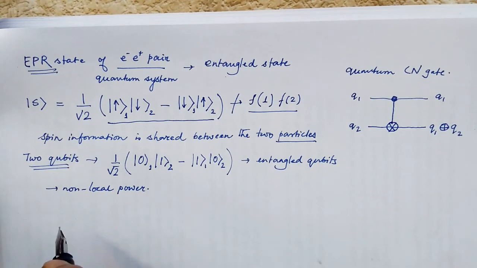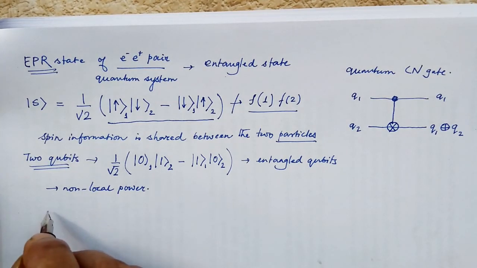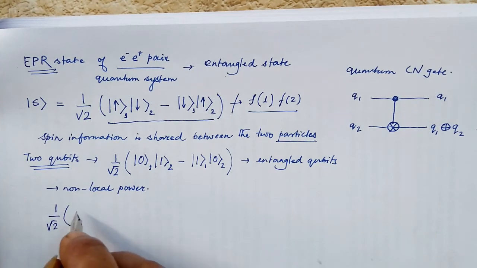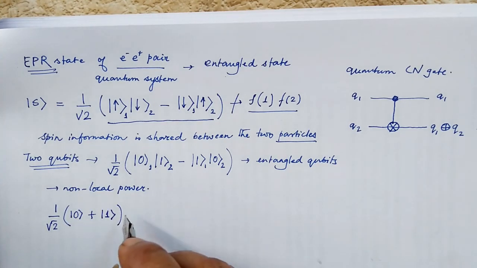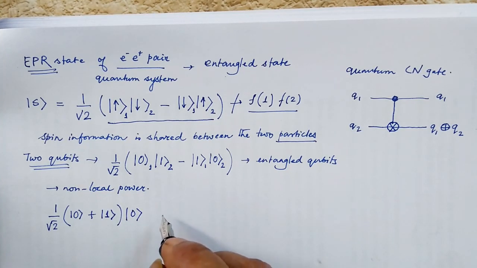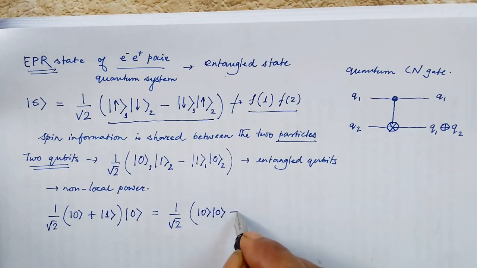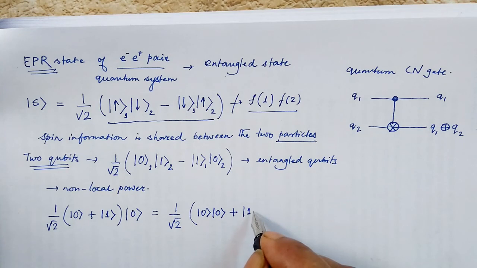It is U_CN, applied to 1 by root 2 times 0 plus 1. What happens if we apply it to a 0? So this becomes, we can write it like this, 0 0 plus 1 1.